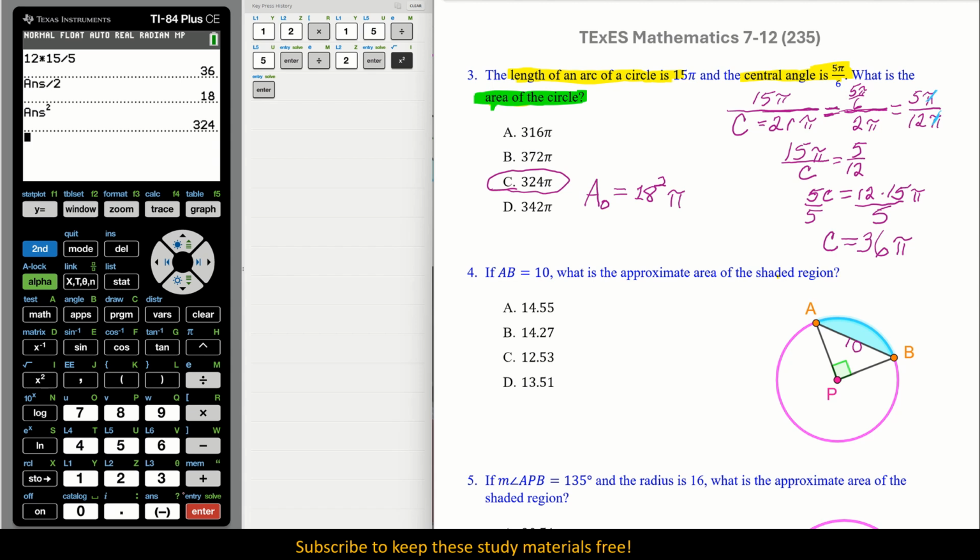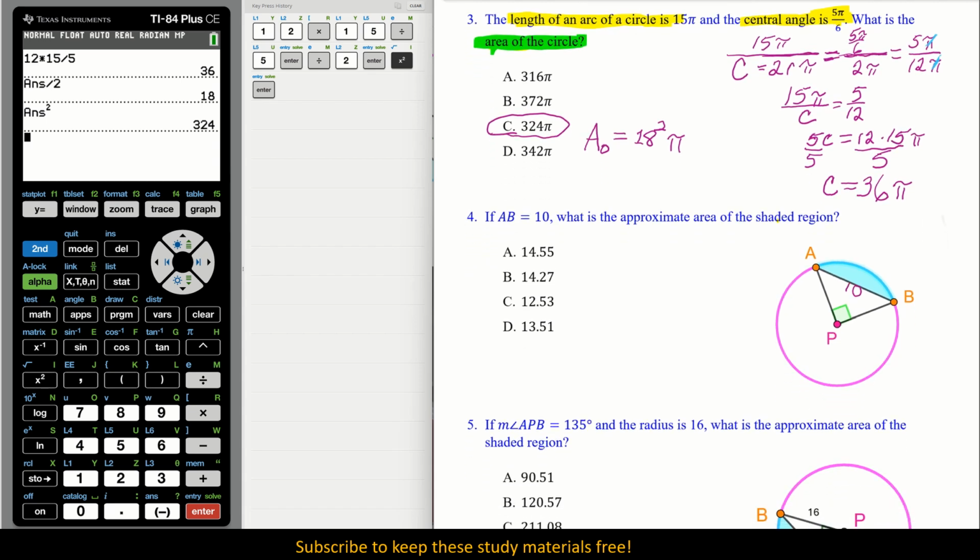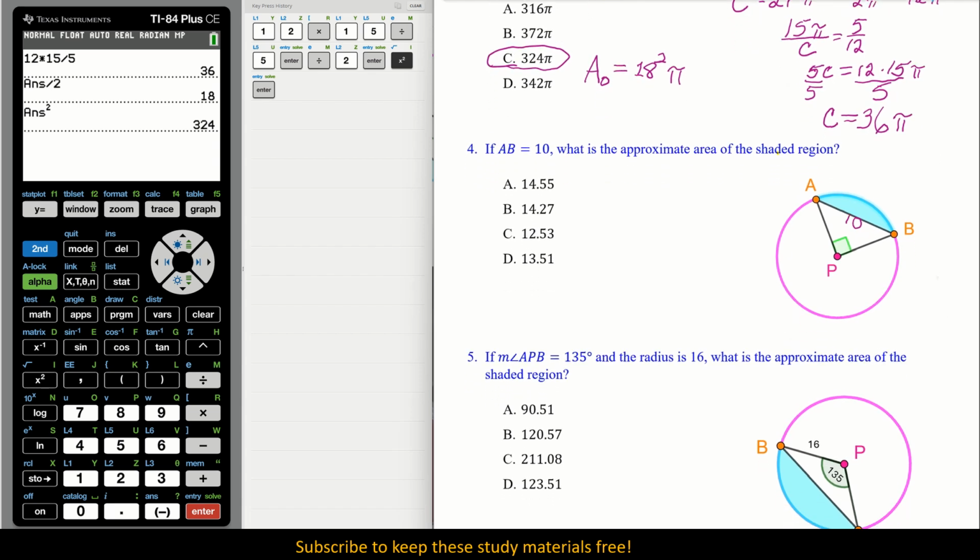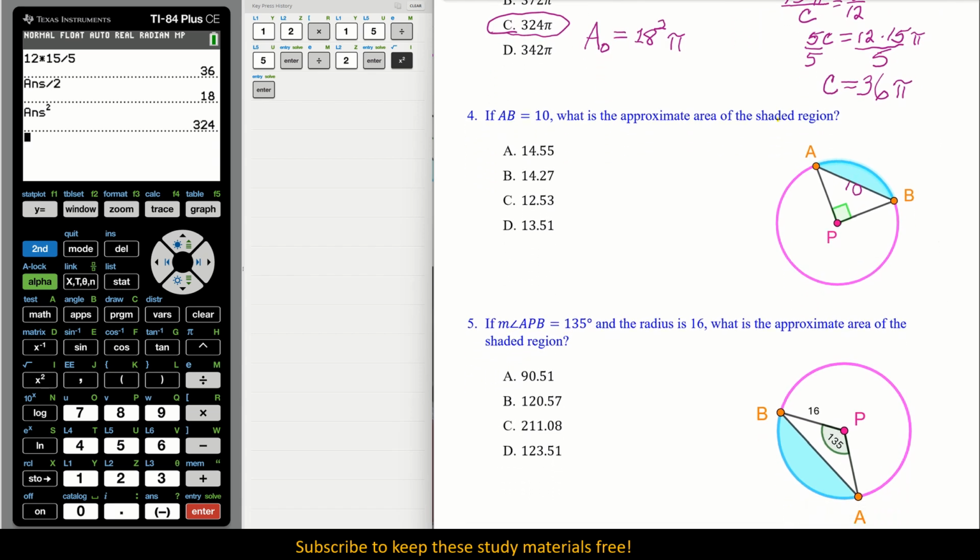Now, the conundrum here is that I have a special right triangle, okay? And let's see if we can squeeze this in. Yeah, I can calculate it in the space we have.